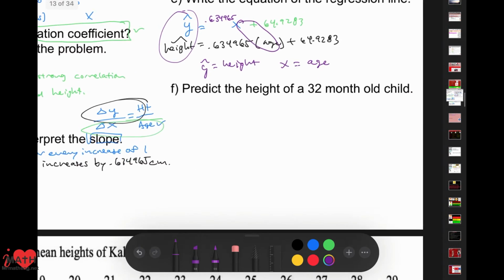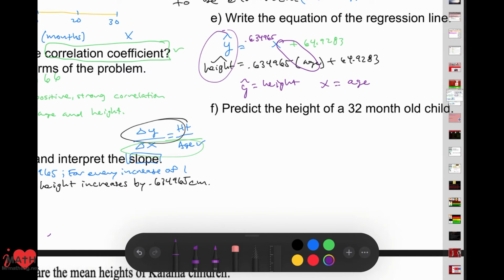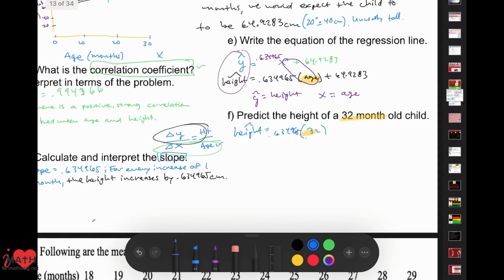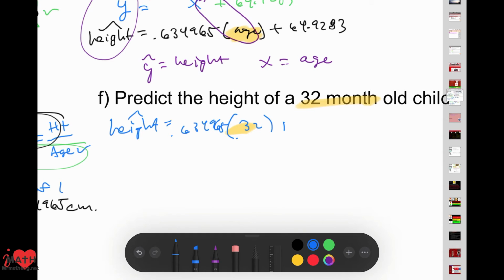Okay. Last question. Predict the height of a 32-month-old child. So then you're just going to take this number, 32 months, and we're going to put it in here. Let's do that. So their predicted height is going to be 0.634965 times 32. Sorry, that was really messy. Plus 64.9283. And remember you're using PEMDAS here, guys.